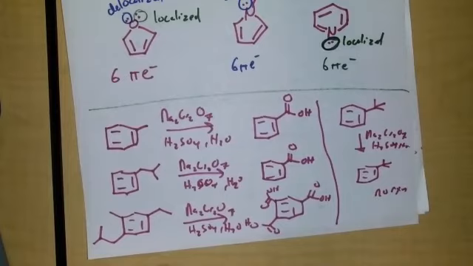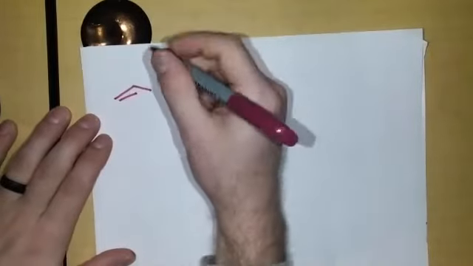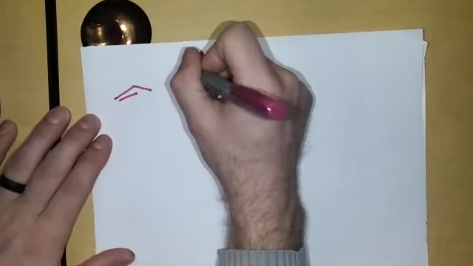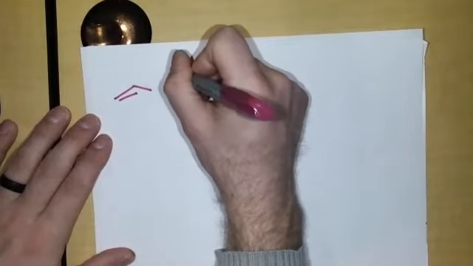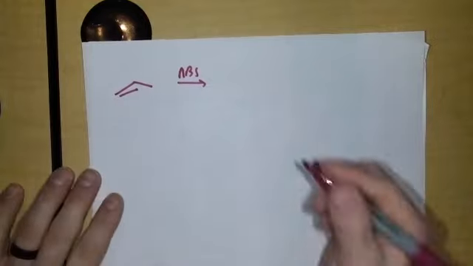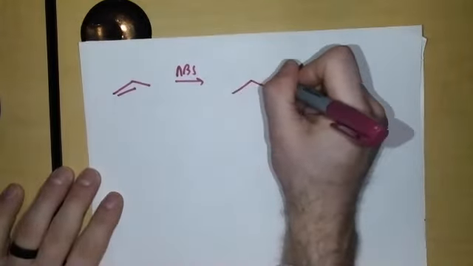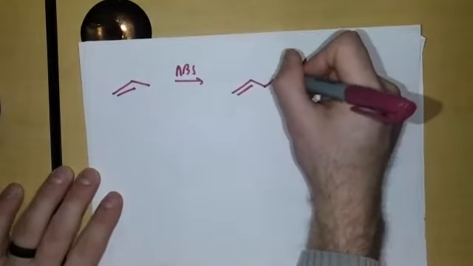Some other reactions you can do if you throw in NBS. Remember back to chapter 10. You take NBS with a double bond. It will add a Br to your allylic position.